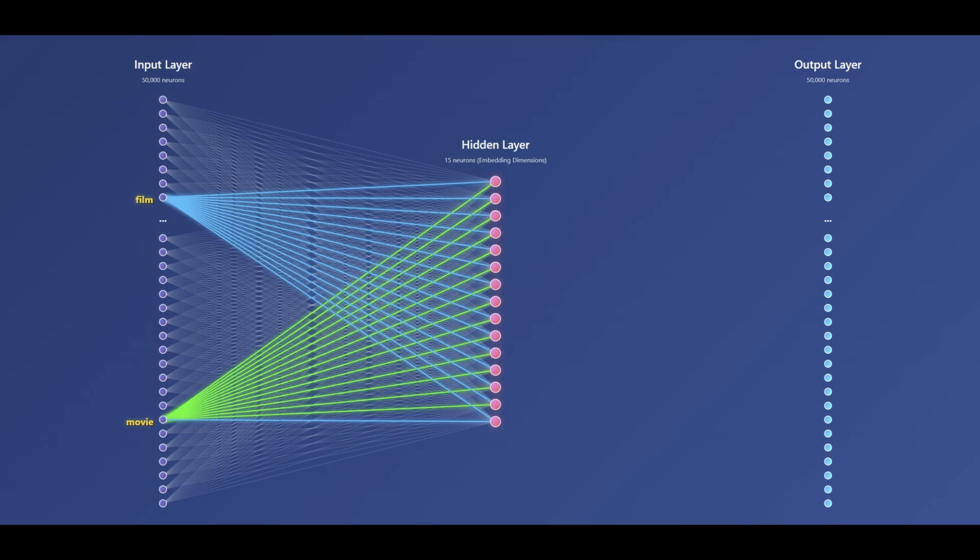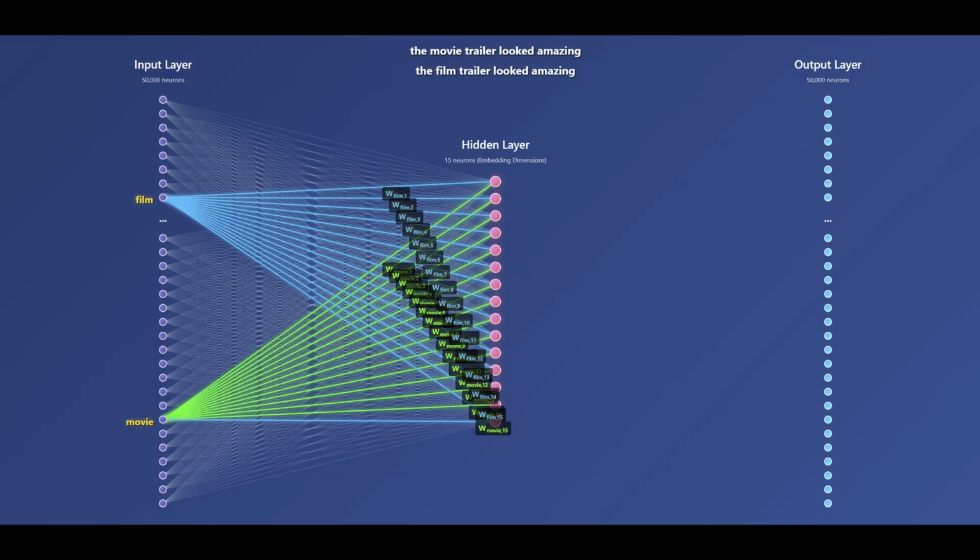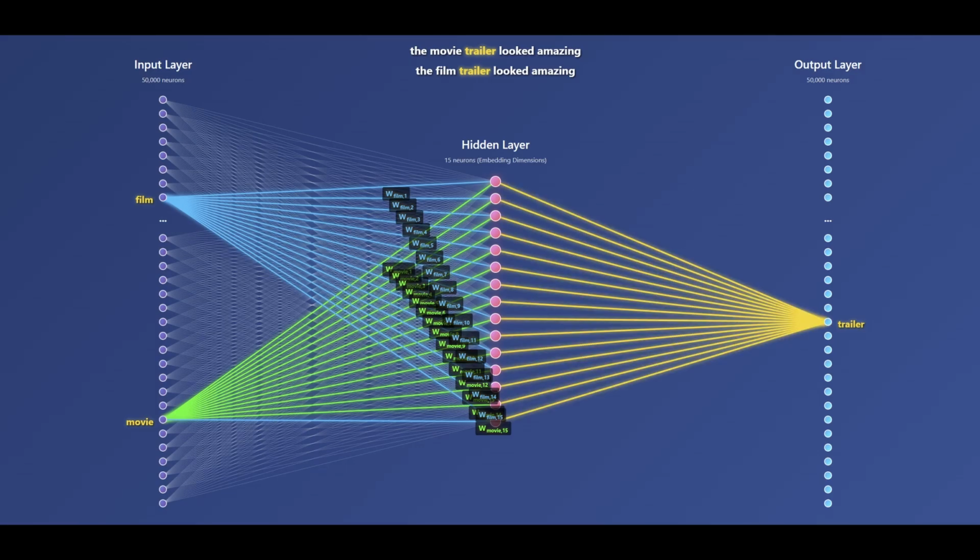And the only way that can happen is if their weights, the connections from the movie neuron and the film neuron into the hidden layer, are extremely close to each other. That's why it becomes clear that these learned weights, the W's, really capture the meaning of words. They encode how words behave in context. They encode meaning.